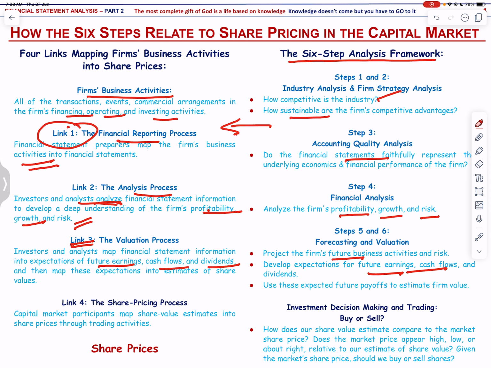They then estimate the firm's share value based on these forecasts, taking into account the firm's risk factor. In the fourth link, the market share pricing process, analysts and investors translate their estimated share values into real share prices by trading. Buying shares they see as undervalued should raise prices towards that value, while selling shares they view as overvalued should lower prices.